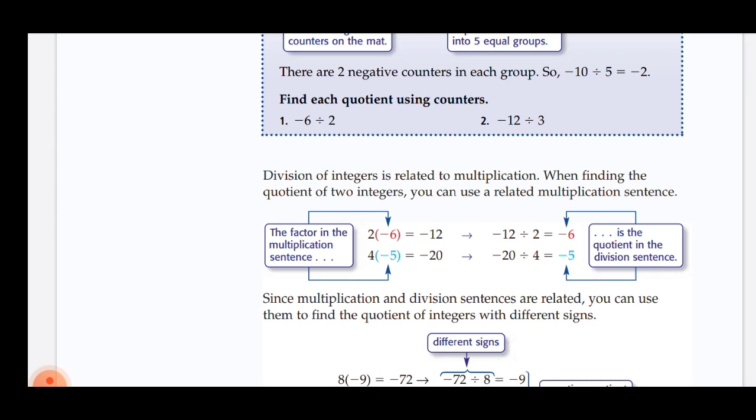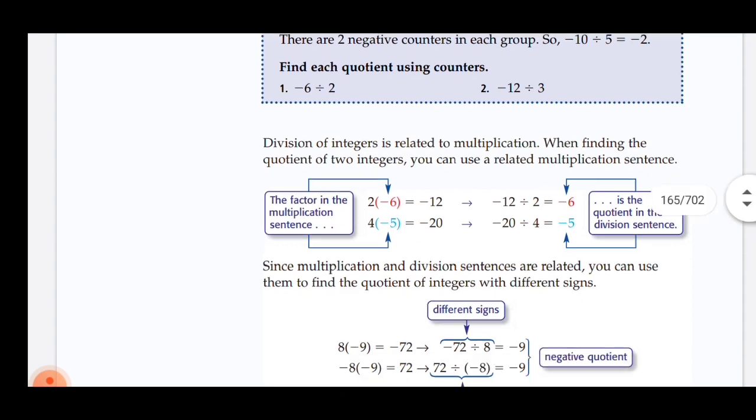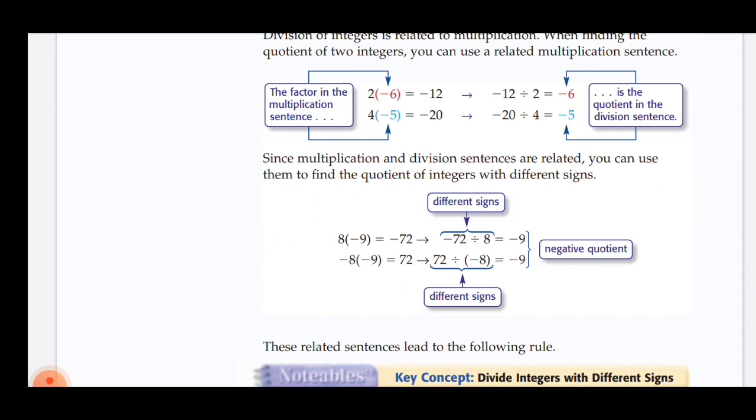When finding the quotient of two integers, you can use a related multiplication sentence. 2 multiply -6 equals -12. 4 multiply -5 equals -20. The factors in the multiplication sentence are -6 and -5. -12 divided by 2 equals -6. -20 divided by 4 equals -5. -5 and -6 are the quotients in the division sentences.